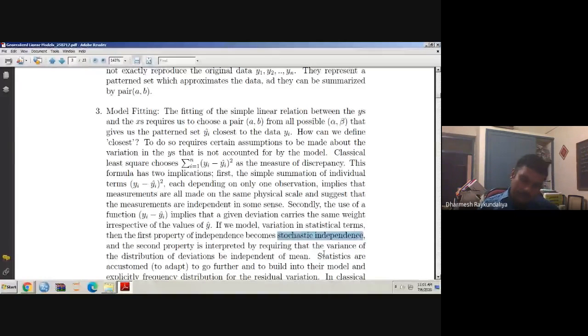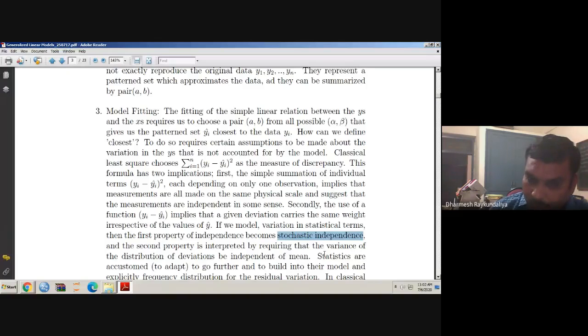So when I am saying that each quantity contributes equal weight in the sum, that property is saying that the variance of the distribution of deviations, where the deviation here is y i minus y i cap, is free from the mean. That means variance is free from the mean.